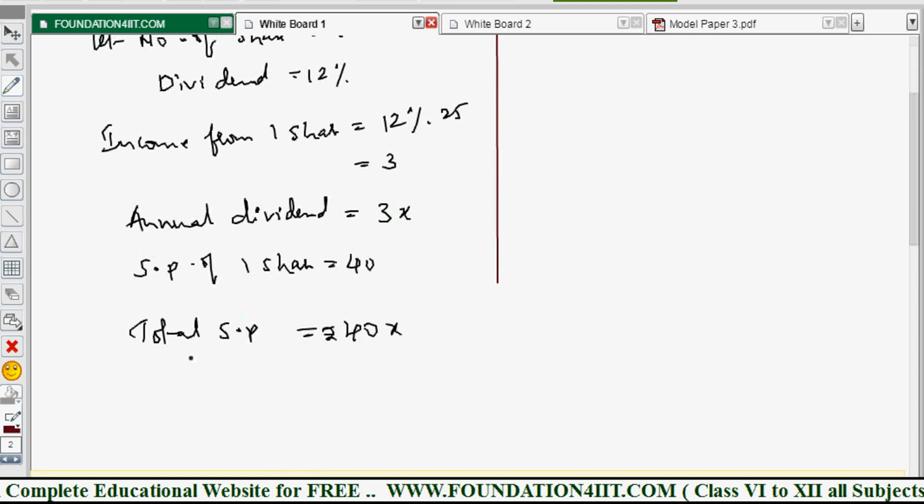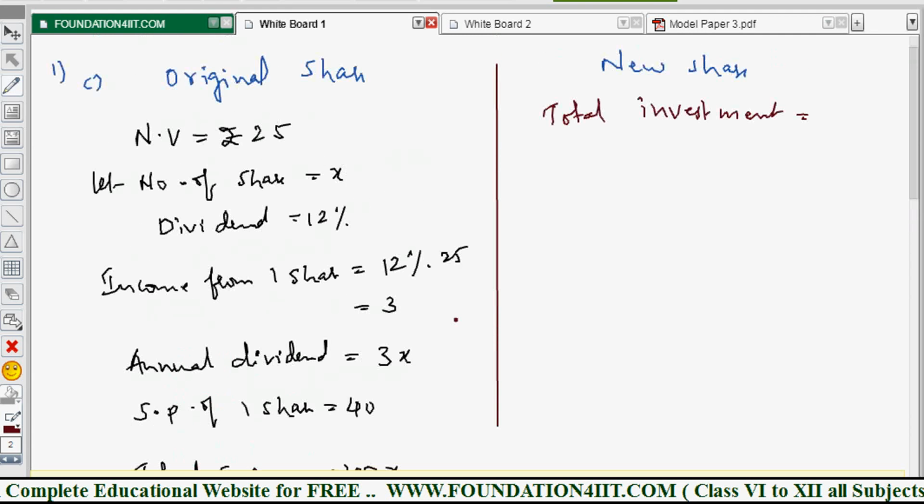So the sale proceeds, 40x, are invested in the second. According to the given data, the nominal value is 50 and the market value of one share is rupees 60.